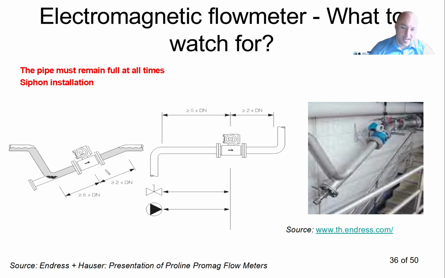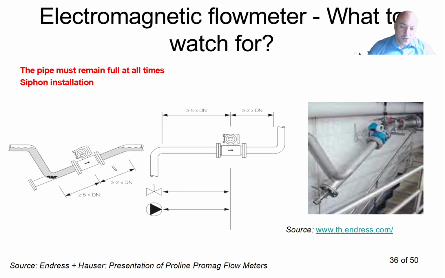So typically then it looks like that. The straight pipe was going like this. They needed to install the flow meter so they made a bend like this. This is the flow meter, and this siphon type installation assures that you have a full pipe at all times.